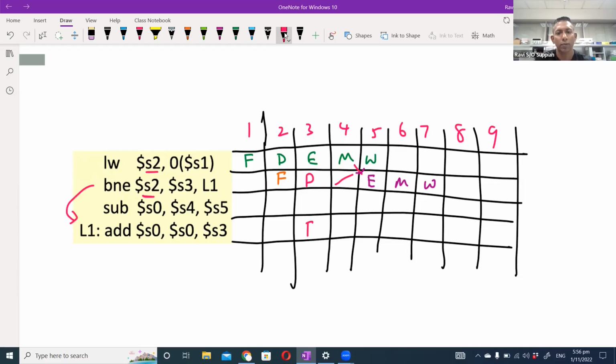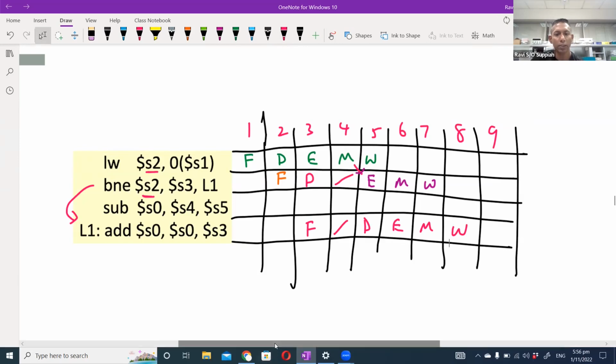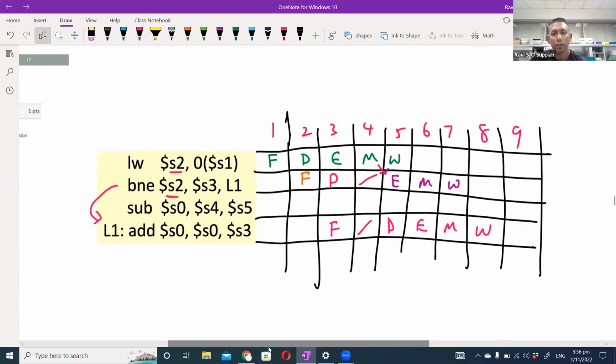I would fetch this instruction over here, and since this cycle is a store here, the code will come here. So this is a case where the branch prediction is that the branch is always taken, and the branch test is true. That means I will take the branch. So that is what happens here.